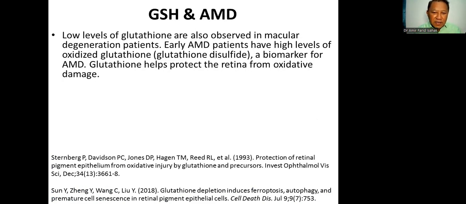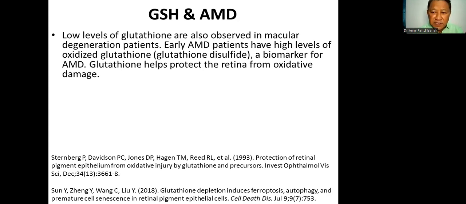What about AMD? I will skip diabetic retinopathy, because with diabetic retinopathy and with all the complications of diabetes, we have discussed many times the importance of glutathione in fighting the oxidative stress that leads to all these complications. In AMD, low levels of glutathione are also observed in macular degeneration patients.